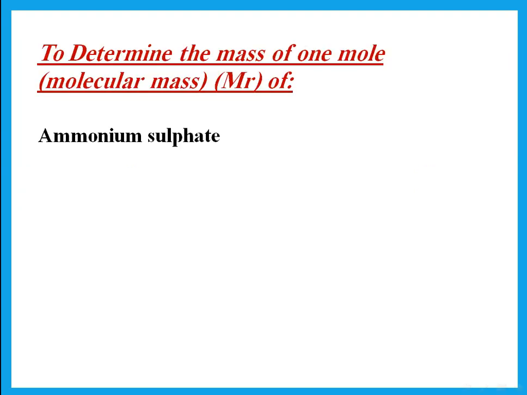So once we write the chemical symbols for the formula we're looking at, then we can determine the mass of 1 mole. For example, if I'm asked to determine the MR, or the molecular mass, of ammonium sulfate, the first thing I need to know is how to write the formula of ammonium sulfate. From what we just said, ammonium is NH4 and its valency is 1.